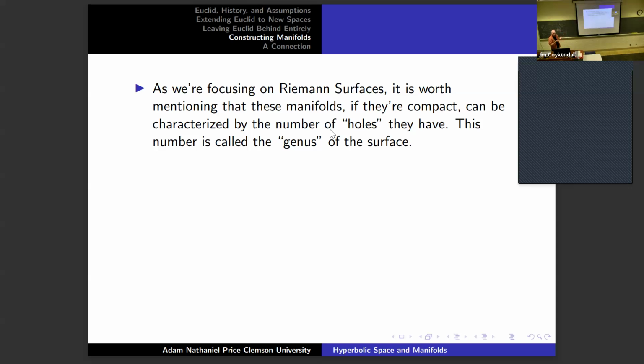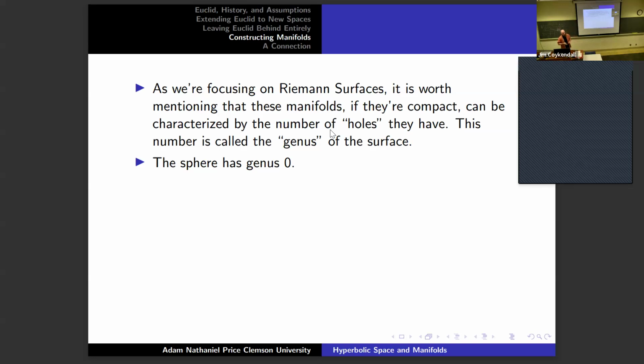If it's compact, then it's characterized by the number of holes it has, and this number is called the genus of the surface. A sphere has genus 0 because it doesn't have any holes. Also, Euclidean space is a manifold because you can map Euclidean space into Euclidean space.